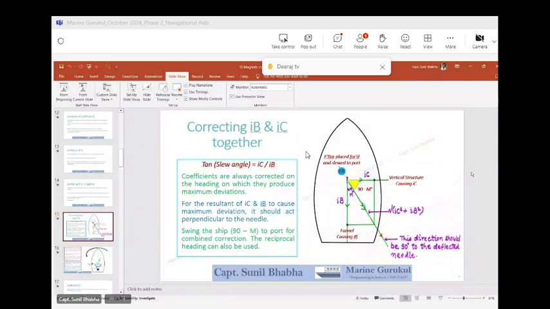Go ahead बेटा. Sir, like we get by calculation we'll get 90 minus M value, and we swing the ship in that direction. And then what we will do with the flinder bar, sir? This for the forward ship and for the forward and aft direction. You mean to say beta, what will be the length of the flinder bar? Is that the question? No, sir.